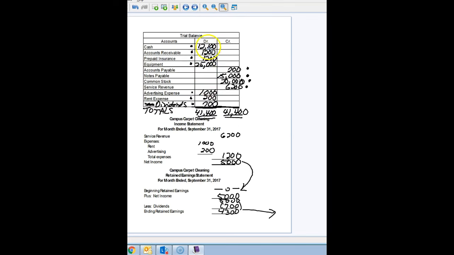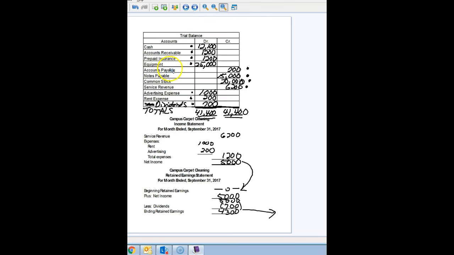We get our subtotal of $5,000. We have a dividend here from the trial balance of $700, and we end up with $4,300 of ending retained earnings. That will go forward to the balance sheet. So we see retained earnings, we bring that $4,300 forward. Then the rest of this are numbers pulled from the trial balance. So here are our assets, and we take those numbers and put them over here. We have our 3 current assets, we subtotal that, we have equipment, and then we add up our assets.